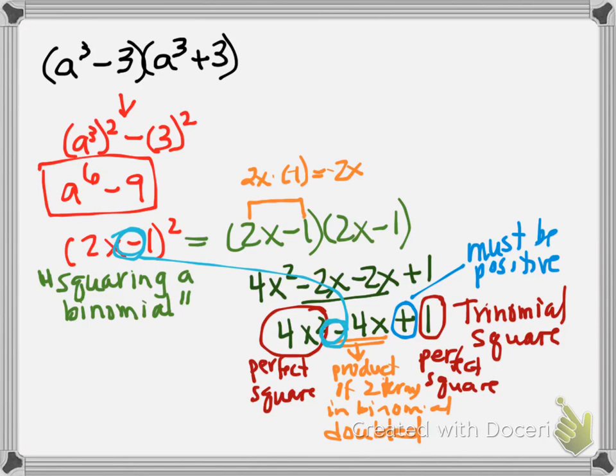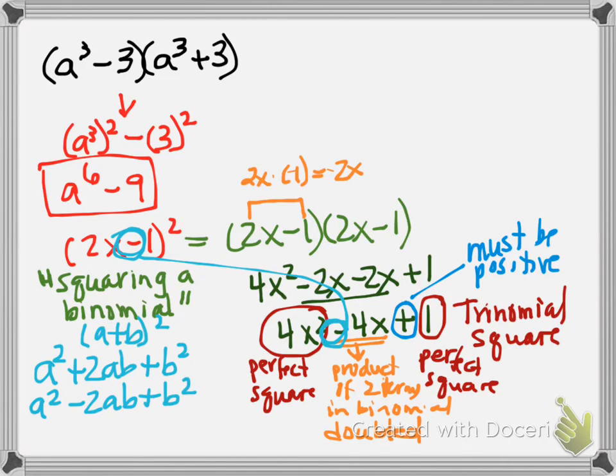So this is the one that's the hardest for kids to see, but the key idea is you need to go back and remember, if you have anything that's in the format of a squared plus 2ab plus b squared, or a squared minus 2ab plus b squared, which came from your a plus b quantity squared, or your a minus b quantity squared. These two answers are what we call trinomial squares.